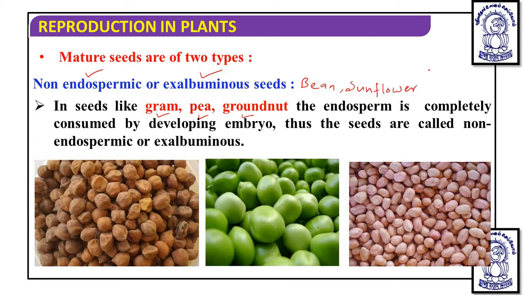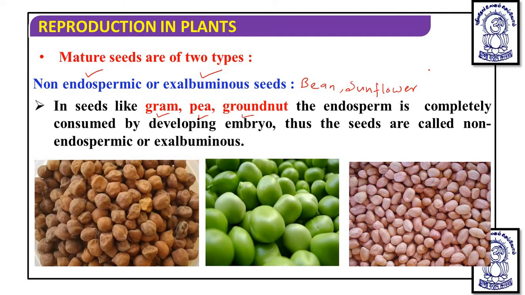These are non-endospermic or exalbuminous. Now why is endosperm completely absorbed by the growing embryo? Because the requirement of energy is more for the developing embryo. Now the remaining food, if endosperm is not there, gets stored in the cotyledons.